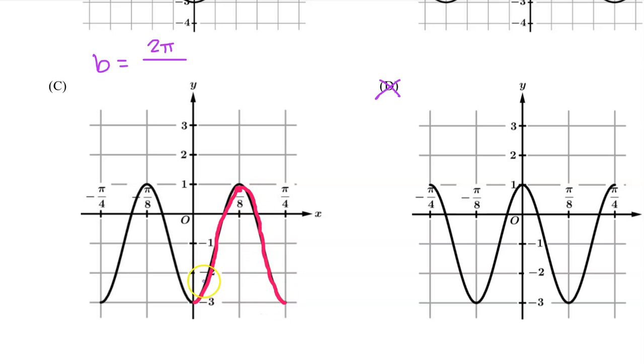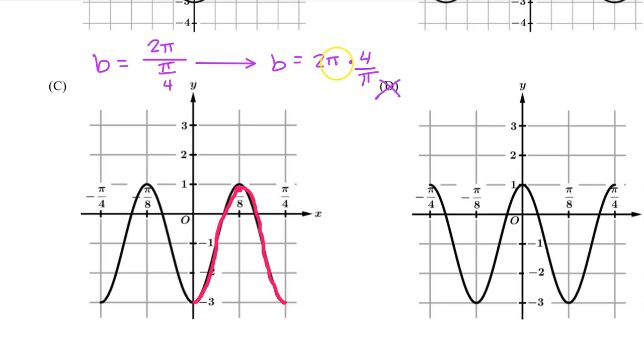This period begins at 0 and ends at pi over 4. So the period is pi over 4. When you divide by a fraction, you multiply by the reciprocal. So b will be given by 2 pi times 4 over pi.